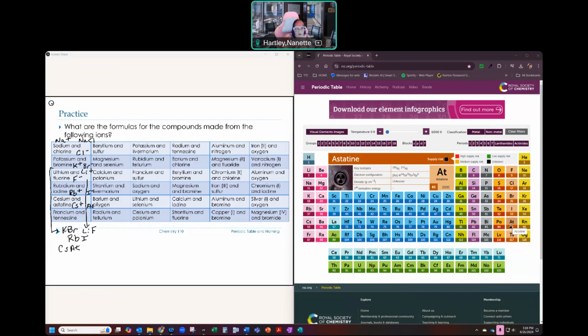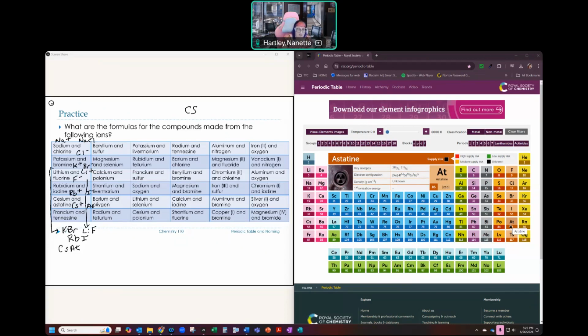And one thing about the way that these are written, it's always the first letter is capitalized, the second letter is small, so we can't write this as C and then capital S because that's carbon and sulfur, not cesium. Okay, so watch your capitalization for that.